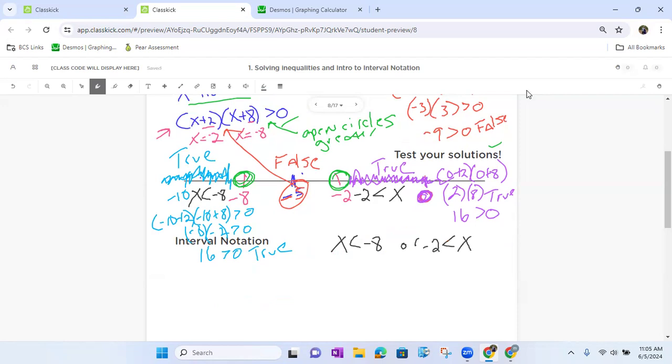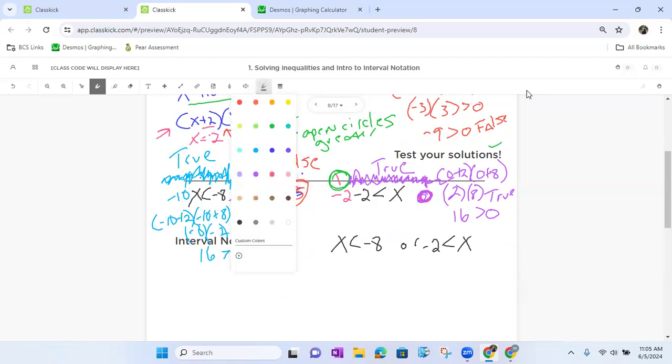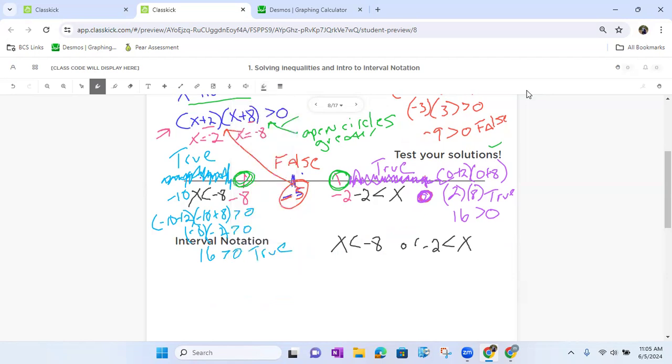Now, we've learned in class so far that we can use interval notation to model this. So let's go ahead and rewrite this with our interval notation. I'm going to start with all these x's that are less than -8. Less than -8, which is way down here, says that we could go from -infinity all the way to that answer of -8.